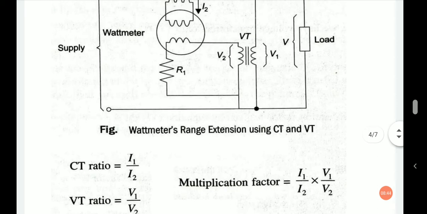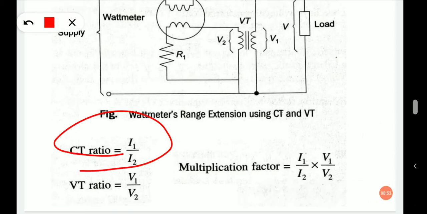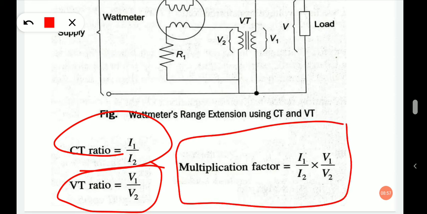So in this point, range extension of wattmeter using CT and VT, these points are important. CT ratio is I1 by I2. For VT, it is V1 by V2, and the multiplication factor, I1 by I2 into V1 by V2, is required to determine the actual value of load power. This factor is multiplied to the wattmeter reading, since the wattmeter indicates the product of CT and VT outputs.